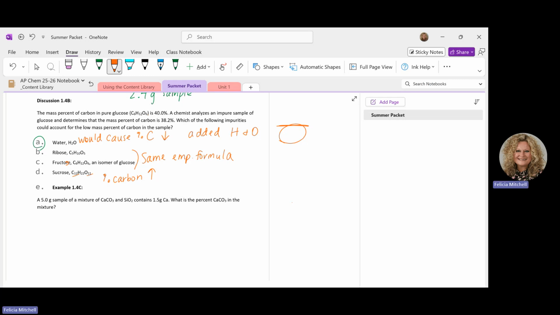Oh, no, it's not. It's not the same percent. I was just checking that and it's not. So it's not the same empirical formula like ribose and fructose. I don't have the formula for sucrose memorized. I'm trying to make sure that's not a typo. I don't think it is. Okay, I'll come back and address that if it is. All right, the answer is water.